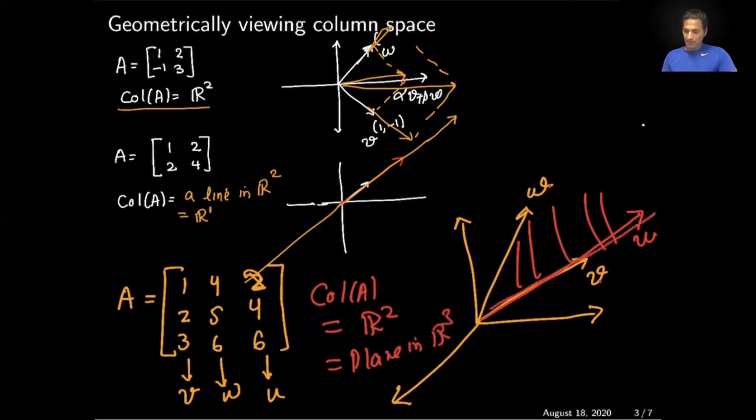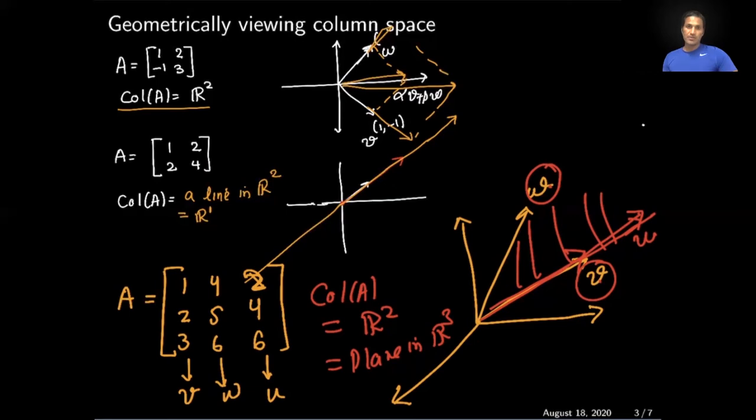Because these two vectors are parallel, the column space is just generated by W and V. When you take all the linear combinations, it contains all the vectors inside of V and W.